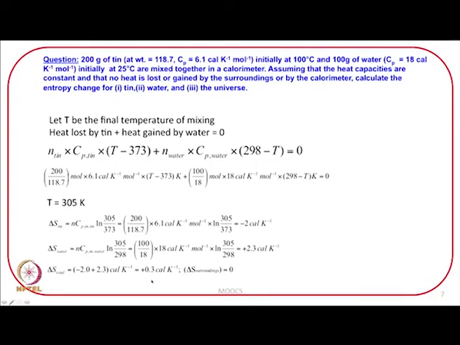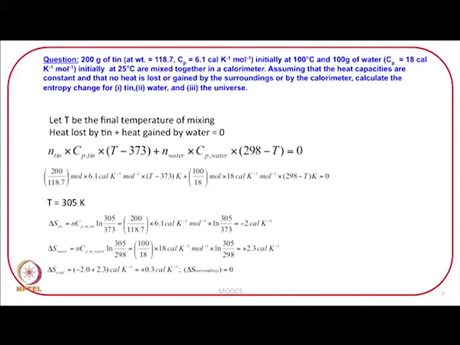There is a net small gain in entropy, and since it is being done in an insulated container, the entropy change in the surroundings is 0. So, total entropy change, system plus surroundings, is still positive, and that is what is driving the process.